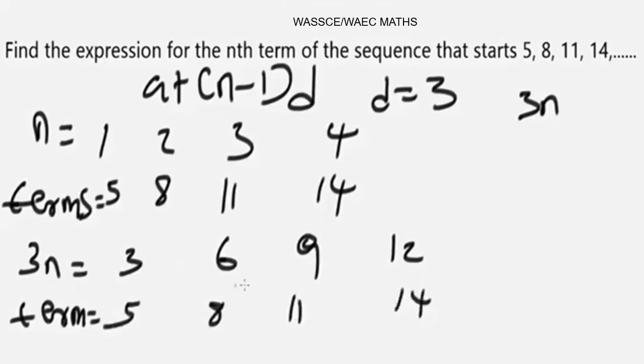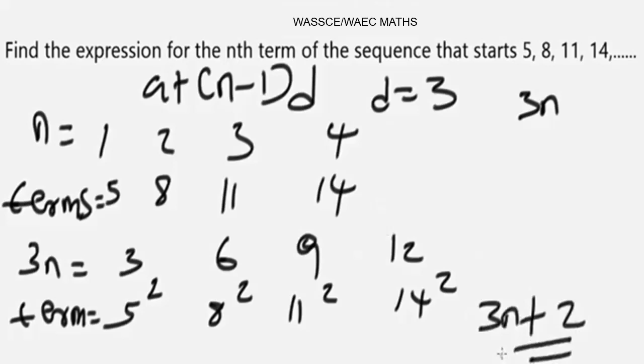Let's take the difference here. 5 minus 3 gives us 2. 8 minus 6 gives us 2. 11 minus 9 gives us 2. 14 minus 12 gives us 2. With this occurrence, we can deduce that the expression for the nth term will be 3n plus 2.